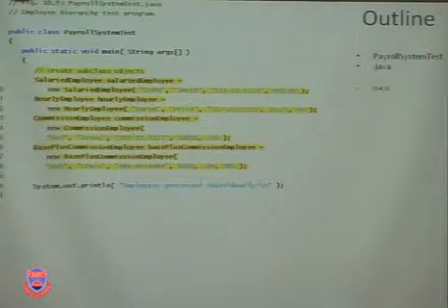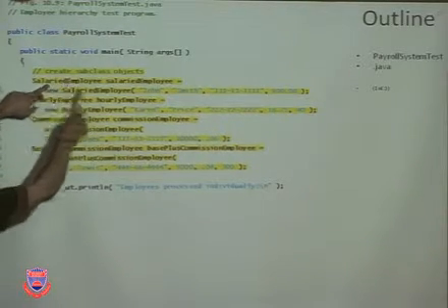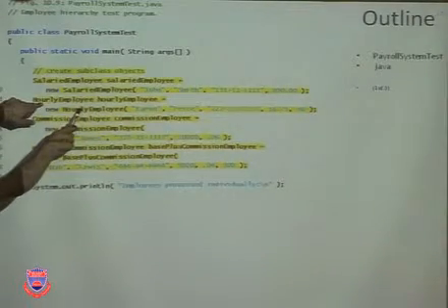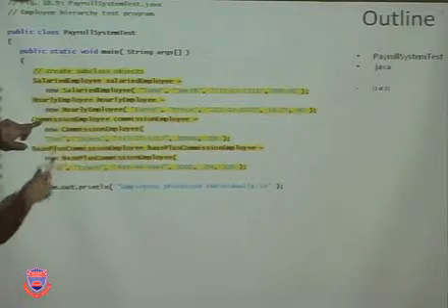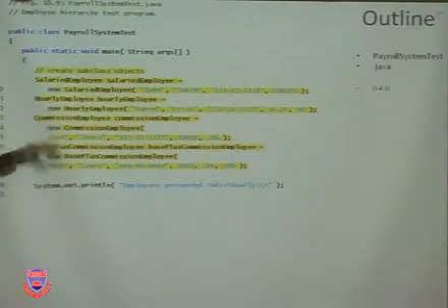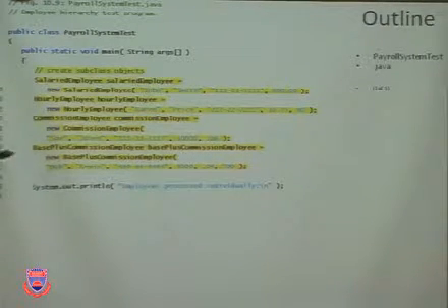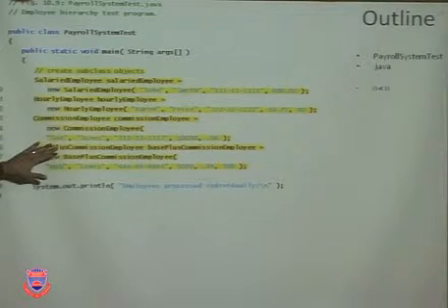So there's no difference in the name and the object creation. You create a salaried employee, an hourly employee, and a commission employee. So far there's no polymorphism seen in this application, right? These are basically regular declarations and initializations.